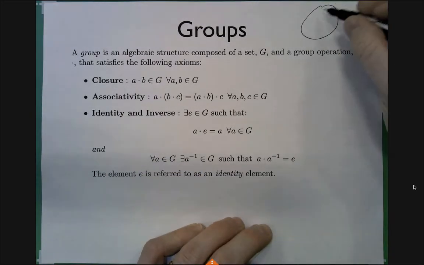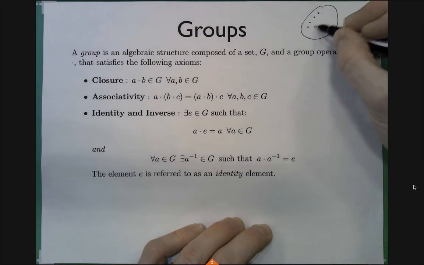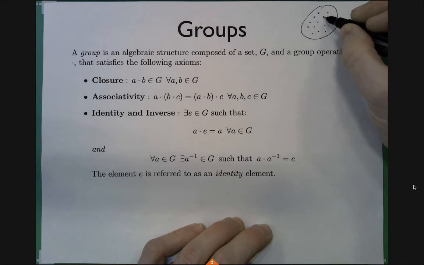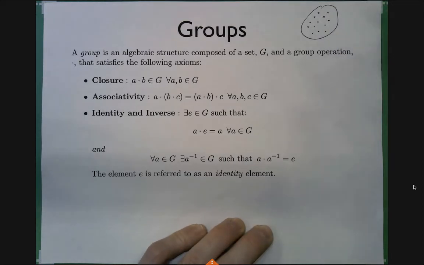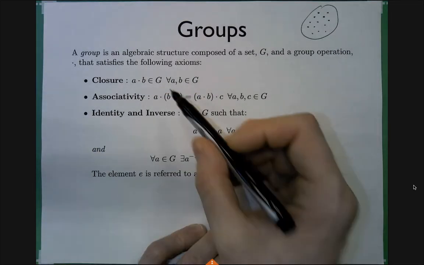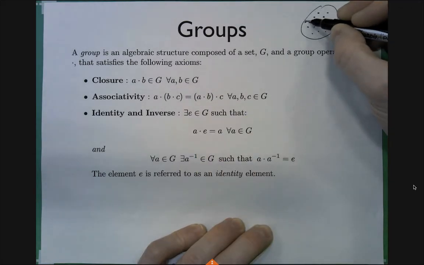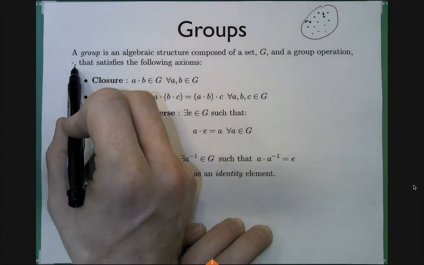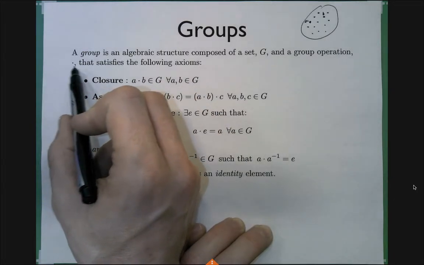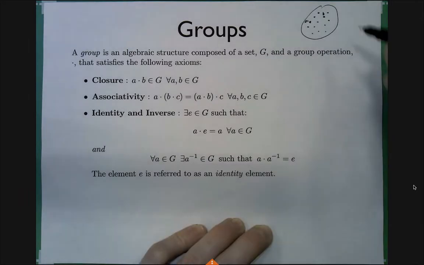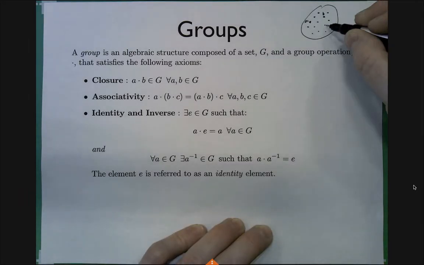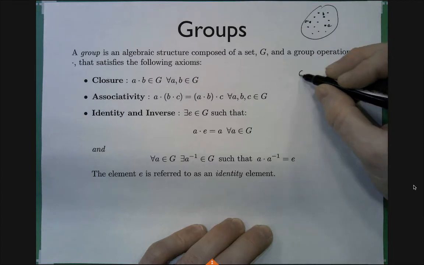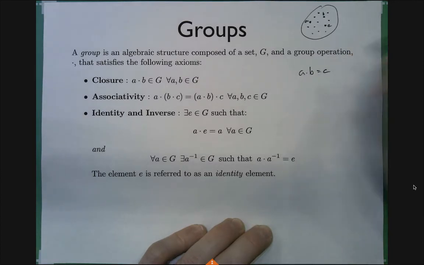The first property: if my group is a set with some elements, I can have finite or infinite groups. If this is a finite group, the first property says that if I take any A, let's say this guy is A, and any B from the group, then the group multiplication operation produces some C, which is also in the group. So if A times B is C, then C is also inside the group.